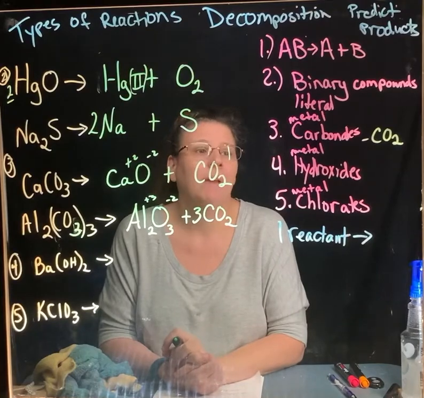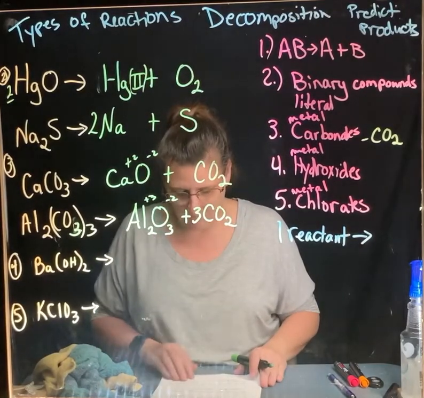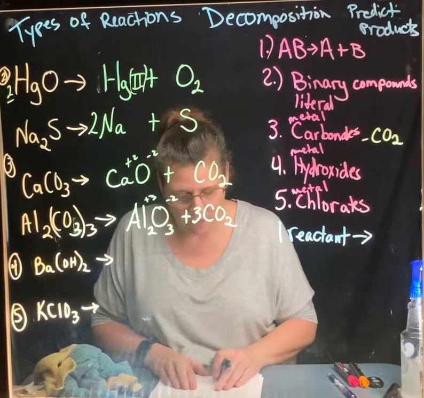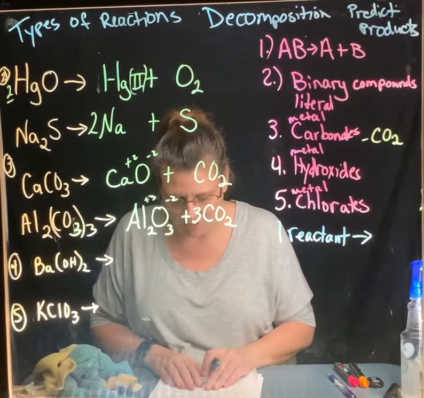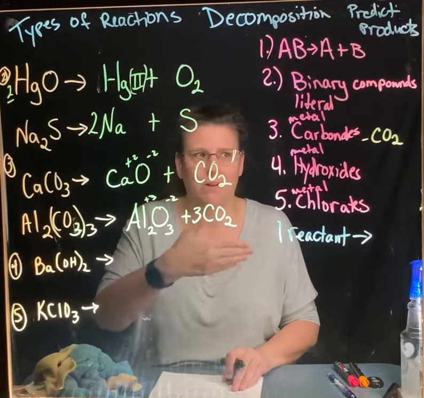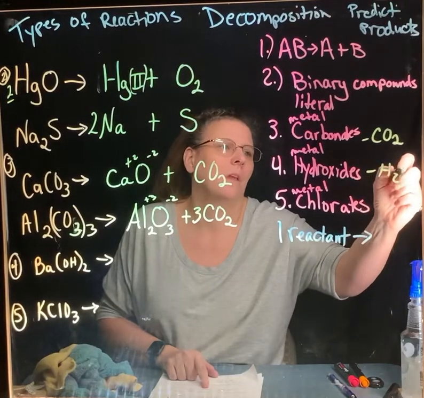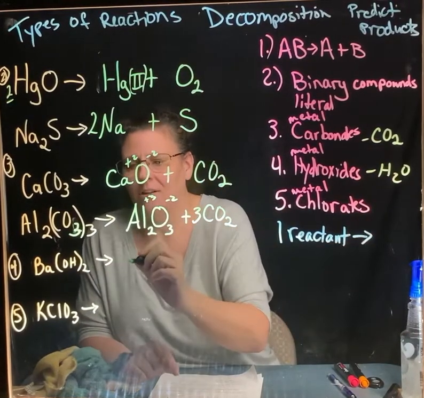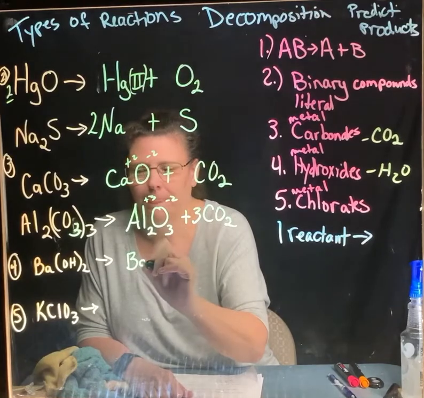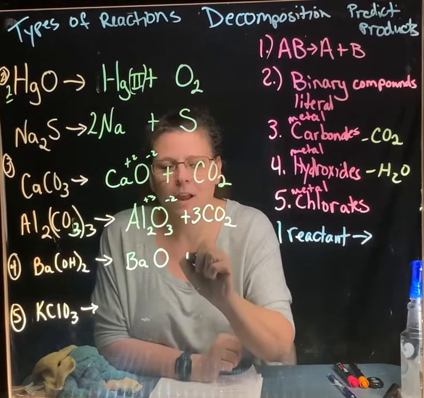All right, metal hydroxides, fairly simple. The rule says metal hydroxides will break down into a metal oxide plus water. So we're going to take our metal out, stick it with an oxygen, and then add our water.